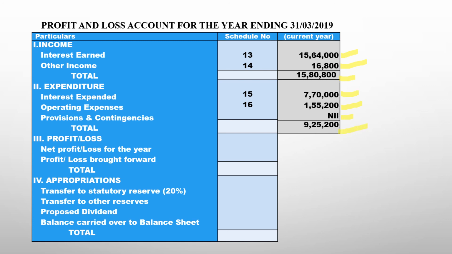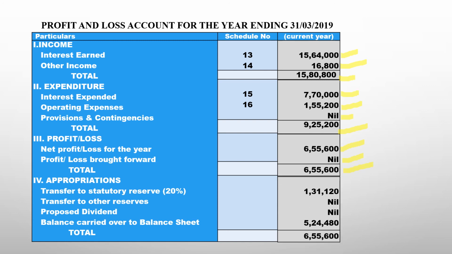The total comes to 9,25,200. Net profit is the difference between income and expenditure, 15,80,800 minus 9,25,200, which comes to 6,55,600. Brought forward profit or loss is not there, nil. So the total comes to 6,55,600.